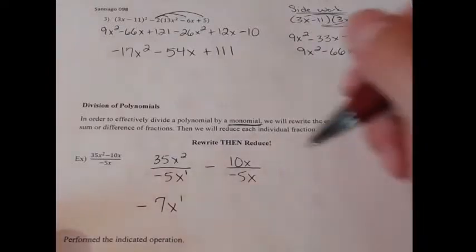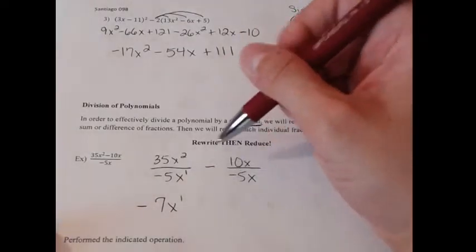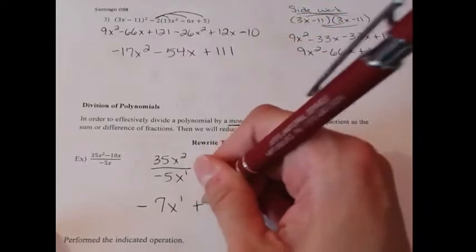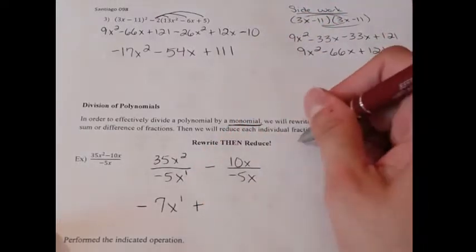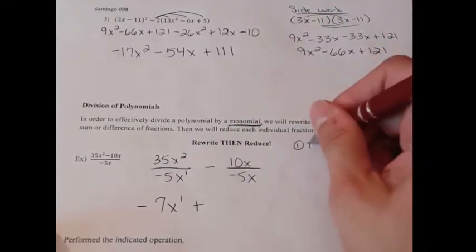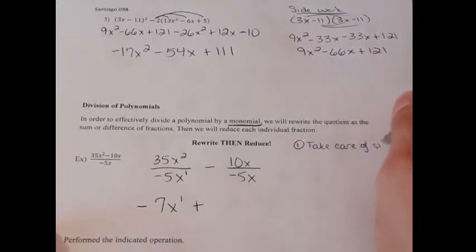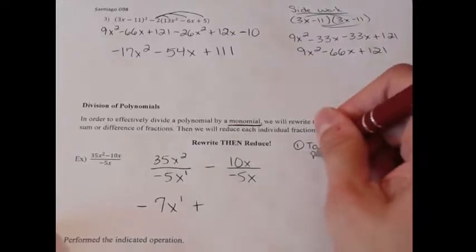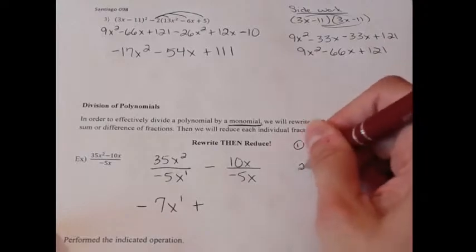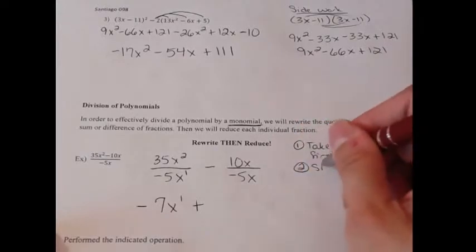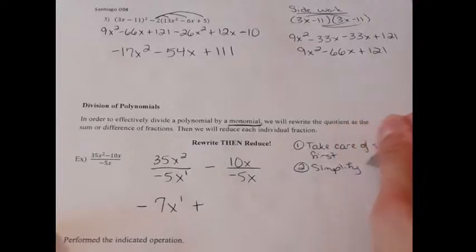Next, I take care of the signs again. So we have negative divided by a negative. Well, that's going to give me a positive, right? And I'm going to put a little note here. Step 1, take care of signs first. And then step 2, simplify numerical bases.